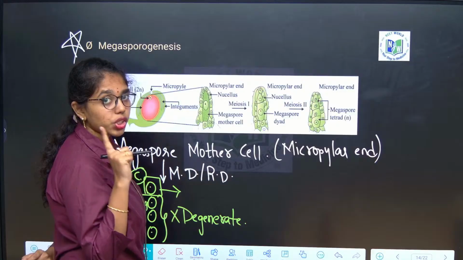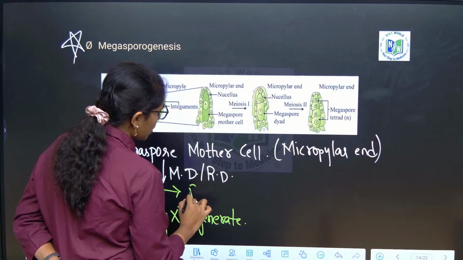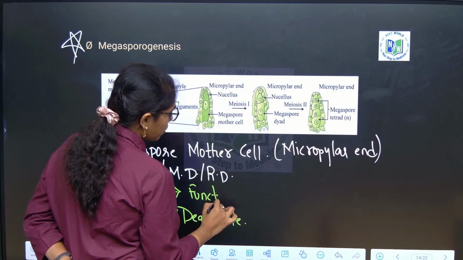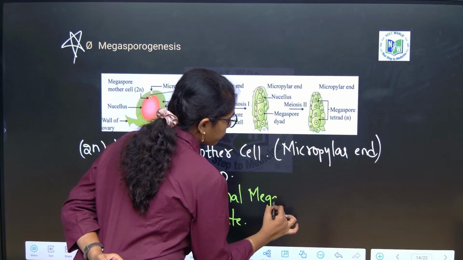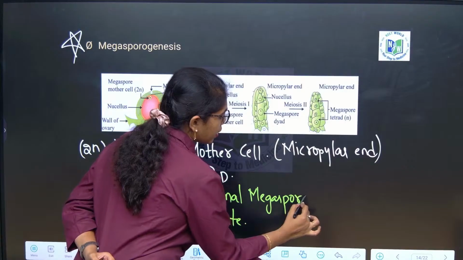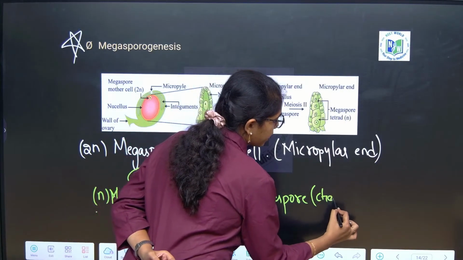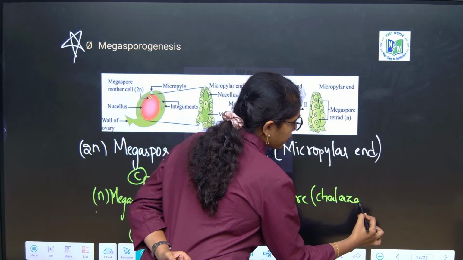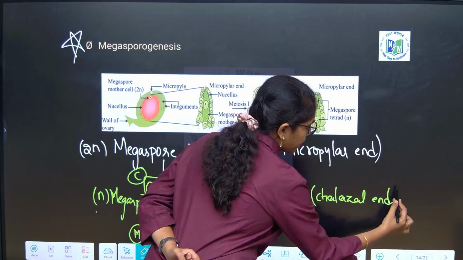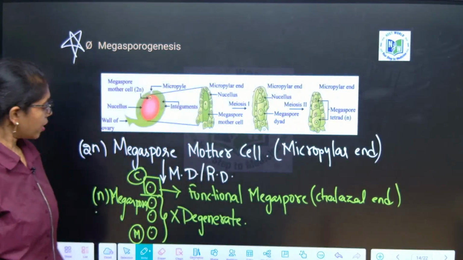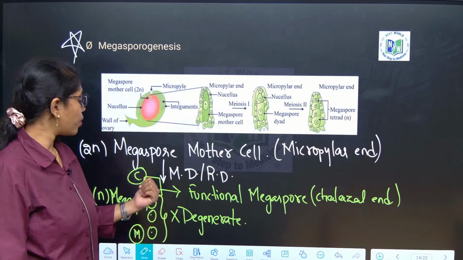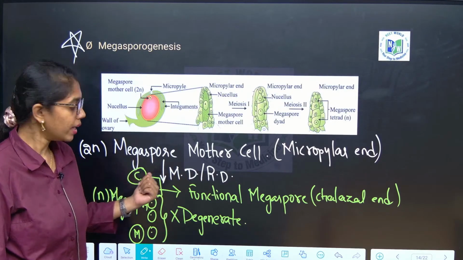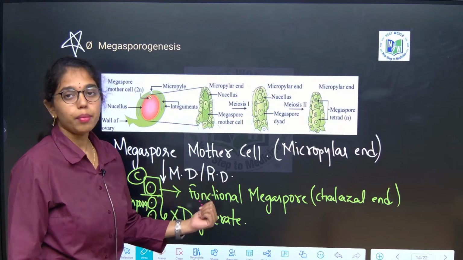The functional megaspore is at the chalazial end. Clear, right? You have 3 cells at the micropylar end which degenerate, and one cell at the chalazial end, that is the functional megaspore.